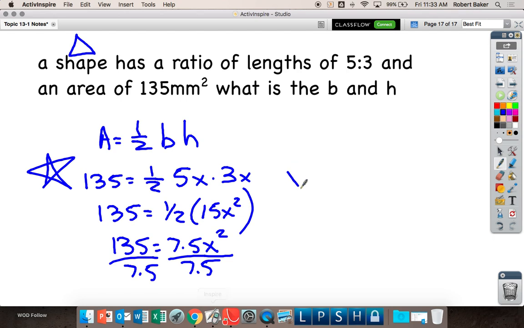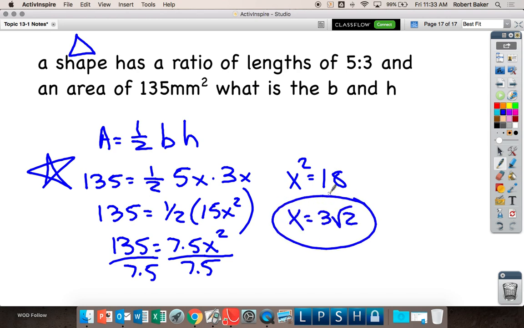So right now I know that x squared equals 18. So I have to square root both sides. Would you ever guess that number? Okay, cool, right? That's just x. You have to find that. You still have to solve for b and h. So solve for b. Solve for h.